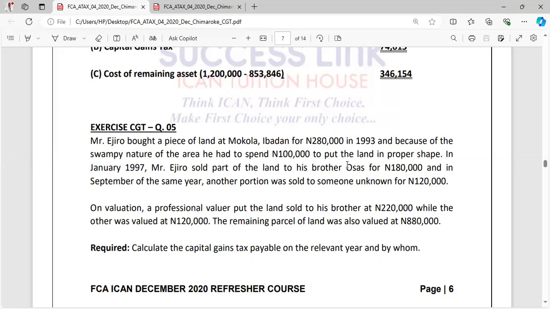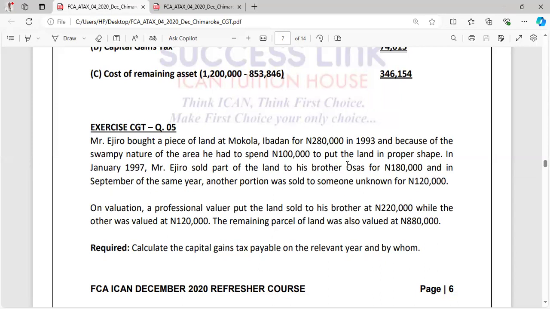And so before we do our calculation, we need to add the cost of improvement of all the assets to our cost of acquisition before the formula can be applied. It is a different ball game if the 100,000 was used to improve the side that was disposed of. In that case, we will not be adding it to the 280 because the 100,000 was only used for the part that was disposed of.